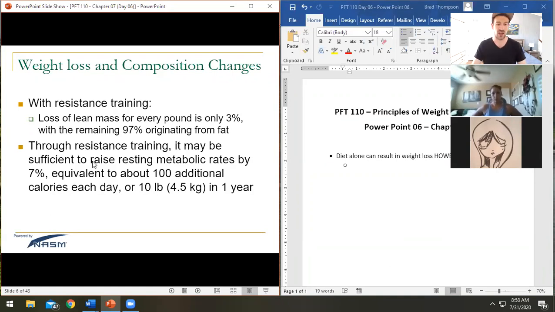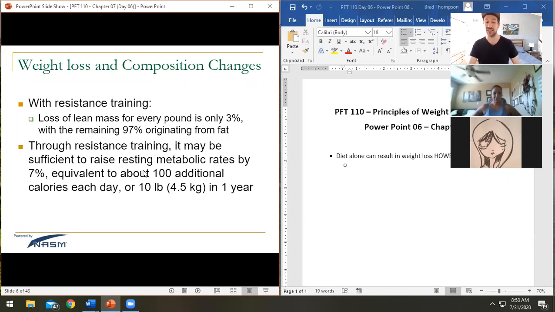And what's nice about resistance training is, let's say you lost 100 pounds, right? Resistance training may be sufficient to raise your resting metabolic rate by 7%, which is about an extra 100 calories each day. That can be equal to about 10 pounds over the course of a year, right?